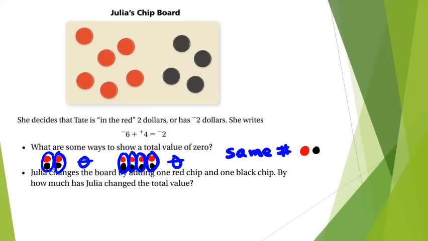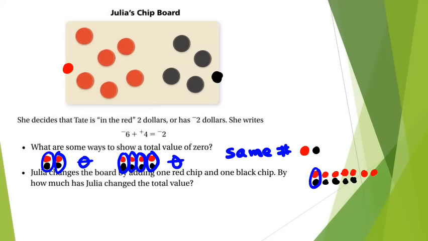So now Julia changes the board by adding 1 red chip and 1 black chip. By how much has she changed the total value? So if I add in 1 black chip up here at the top and 1 red chip also at the top, I can see that I now have a total of 1, 2, 3, 4, 5, 6, 7 red or negative chips, and I have 1, 2, 3, 4, 5 positive chips.